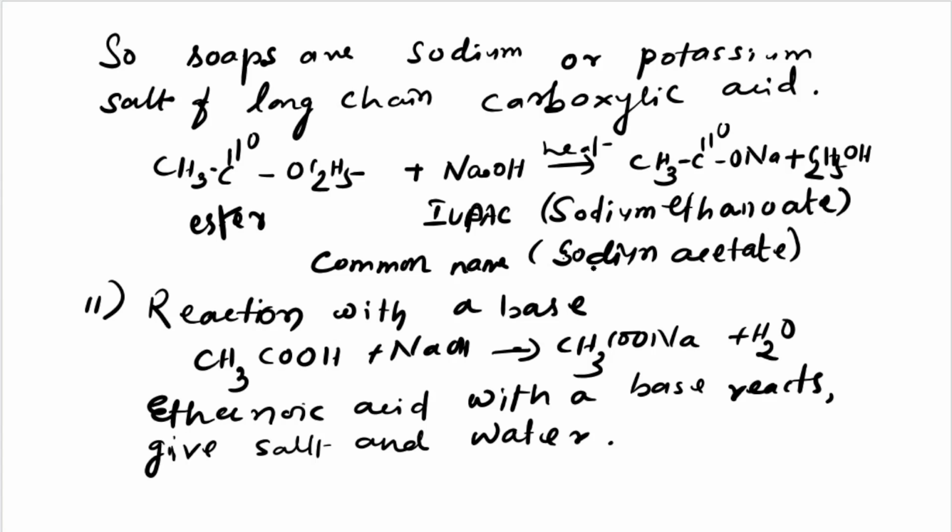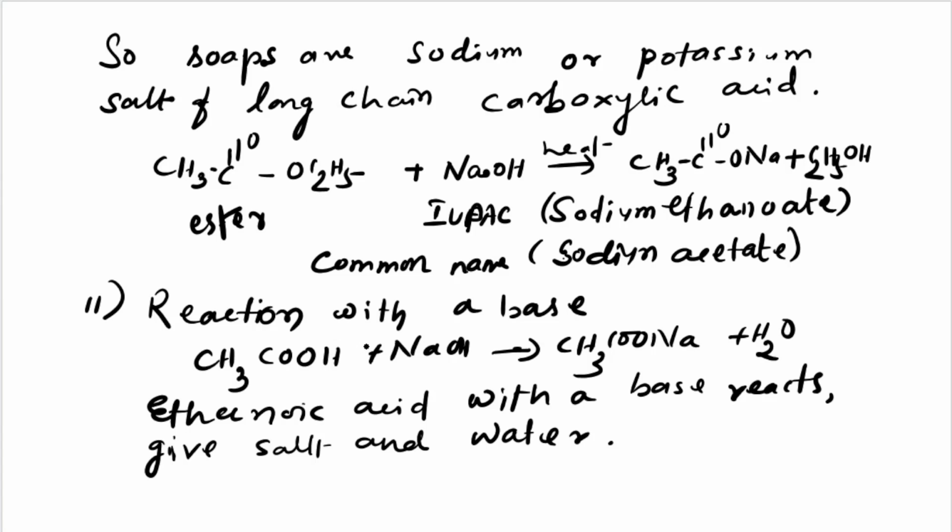Then the common name is sodium acetate. Are you clear? See, this is ester, and you are adding NaOH and heat, then it gives the salt and the original alcohol, because I want to express that this ester contains the original alcohol, ethyl alcohol.